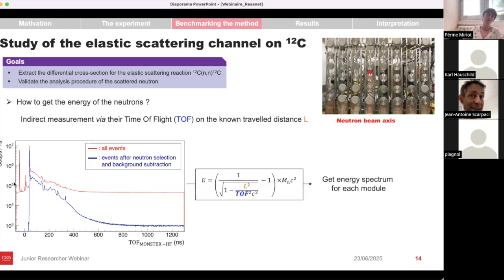You have here the time of flight spectrum that I measured in the MONSTER array. In red, I show all the events that were detected in the MONSTER modules, because they detect neutrons but also gamma rays. And in blue, you have the events coming only from the interaction of neutrons, after the background subtraction. From this time of flight spectrum, applying this formula, I was able to extract the energy spectrum for each MONSTER module.